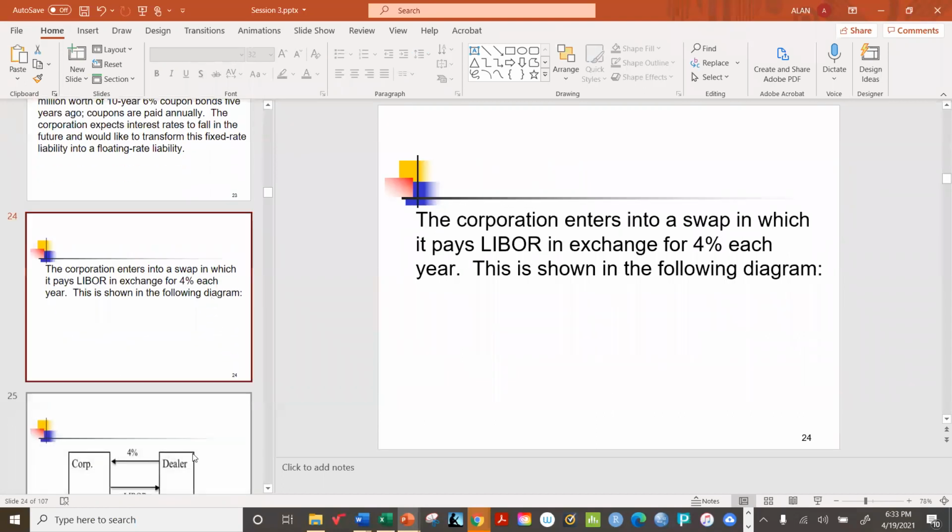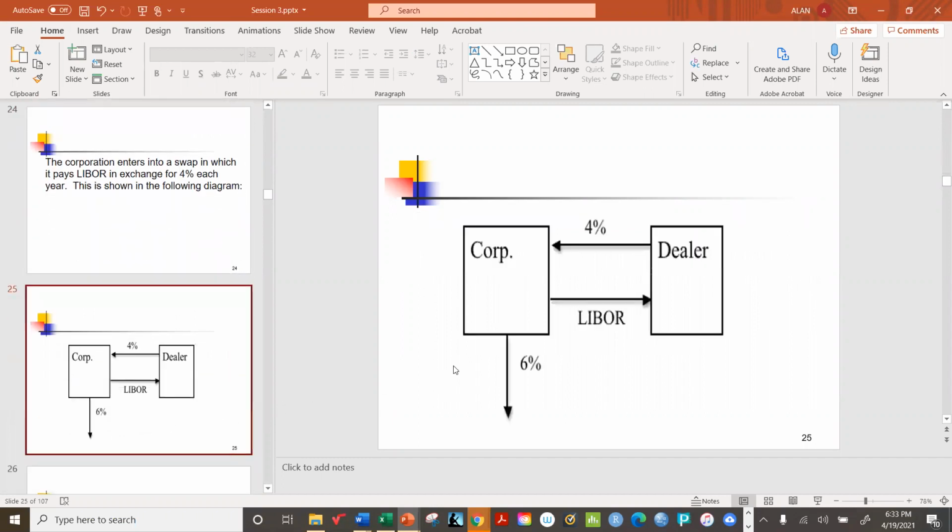So here's an example of how this might work. So they're paying 6. They approach the dealer who says, all right, if you want LIBOR, we'll give you 4%. Now, if you look at it carefully, the dealer is receiving the LIBOR and they're paying the fixed rather. The corporation is receiving 4, they're paying 6.